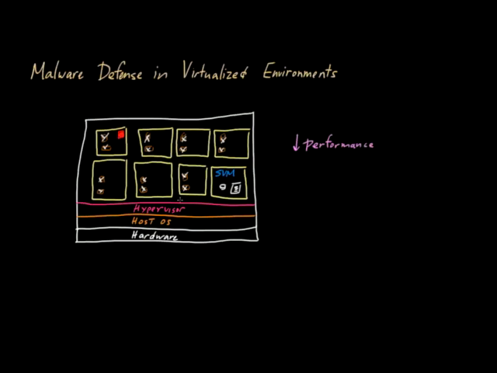Now, the good news is that some of the vendors who provide hypervisor technology do provide an API that gives some degree of visibility into different virtual instances. So what the API basically allows is that security relevant information on each virtual instance would be communicated to the hypervisor via the API.